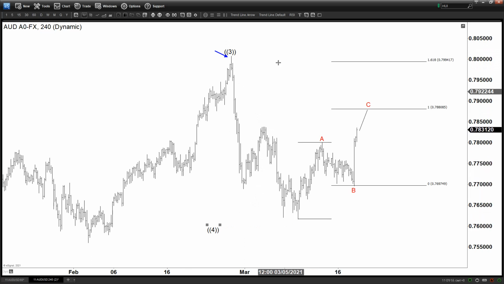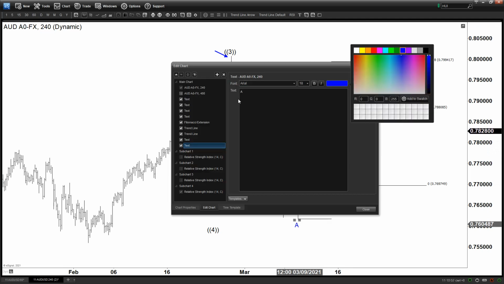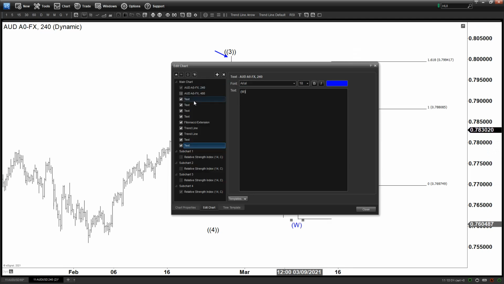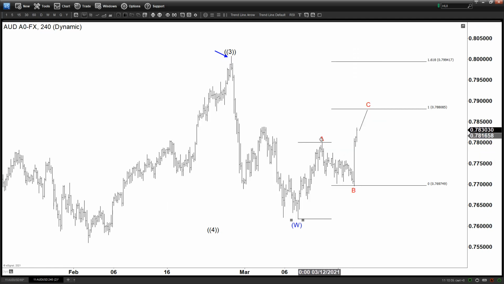So let's put the W here. If you want to subdivide it more, we can have an ABC here, ending W here, and then you can have an ABC rally ending an X, and then you can sell off again if that's the case. So that will be the alternate.